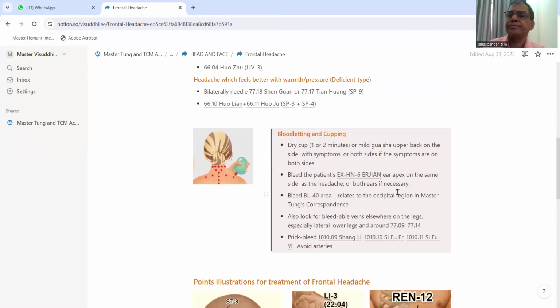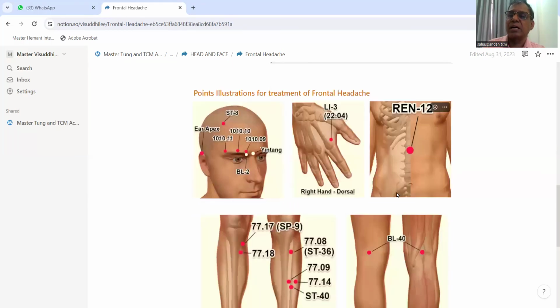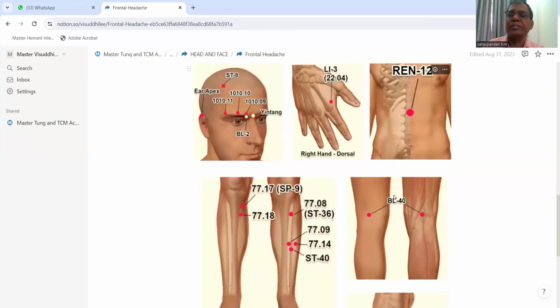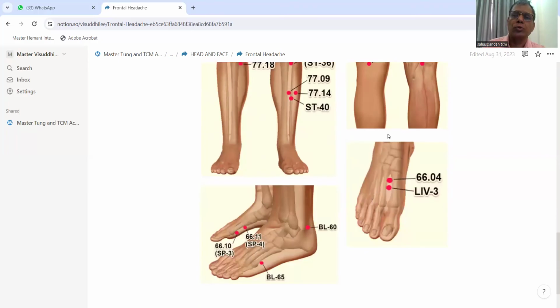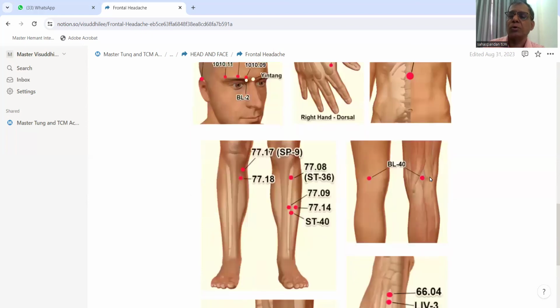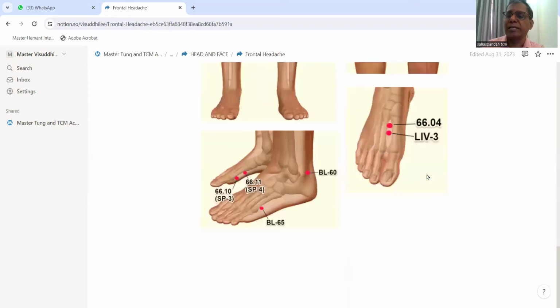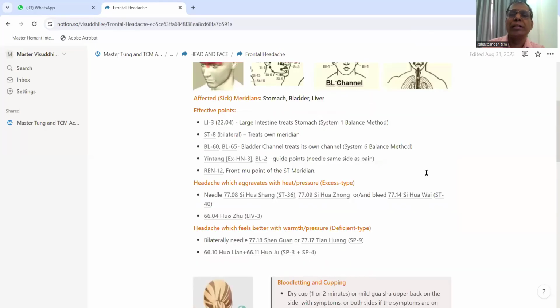So these are the point locations which I discussed with you. You can see the locations in the recording, in the video. Otherwise, Google these points and you will get the location.